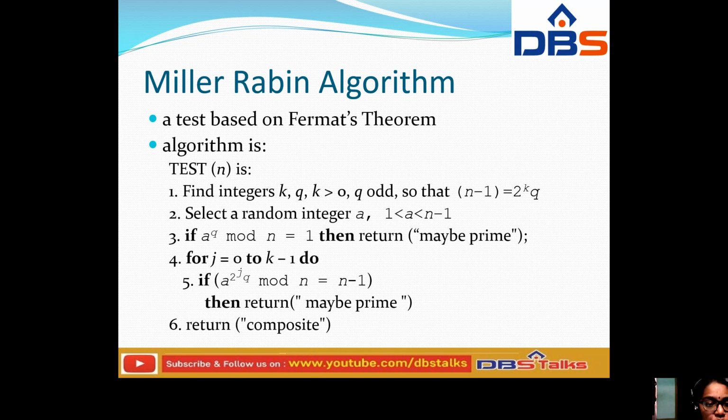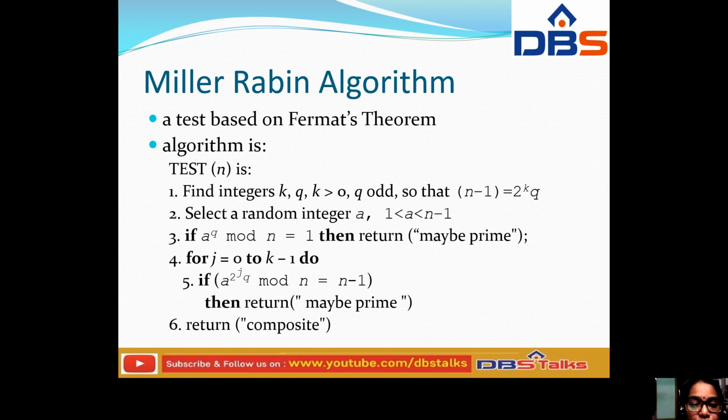For j equal to 0 to k minus 1, you have to do the operation: if a power 2 power j times q modulo n is equal to n minus 1, then it should be written that it may be prime. Otherwise, finally, we return that it is a composite number.